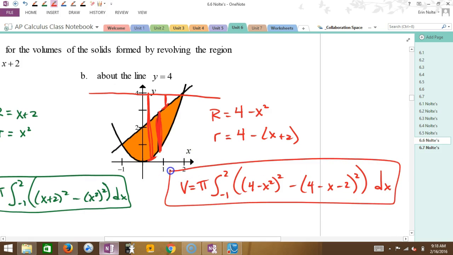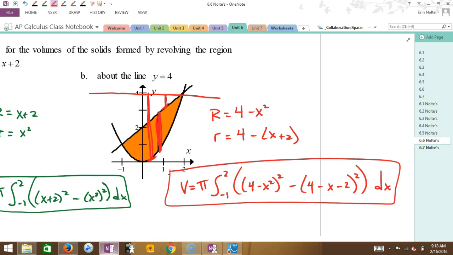They don't give you the marked area, so how do you know where it is, if it was a disk or a washer? Okay, you see how you're going around the y equals 4 line. You can pick any sliver you want out of that area. Doesn't matter which sliver you pick, there's going to be a gap between your sliver and the line.